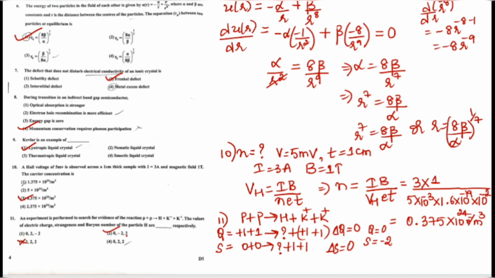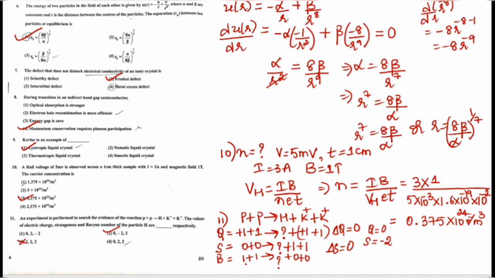Yes, let us solve this also, that is baryon number. Protons belong to the baryons, so it will be plus 1 and plus 1, and for this it will be question mark, and K positive, that is K meson, these are not the baryons. So it will be 0 for both K positive, these belong to the mesons, not the baryons, so the baryon number for K positive and K positive will be 0 and 0.